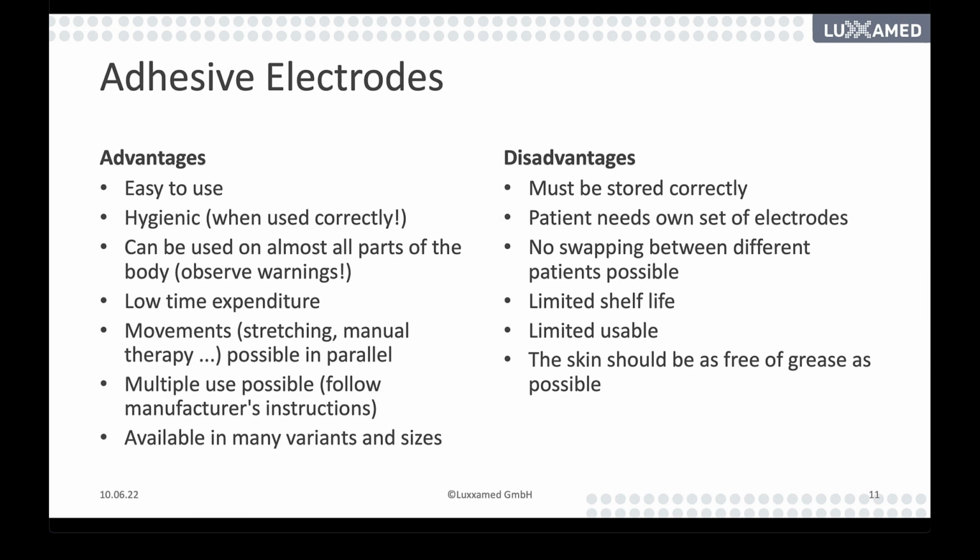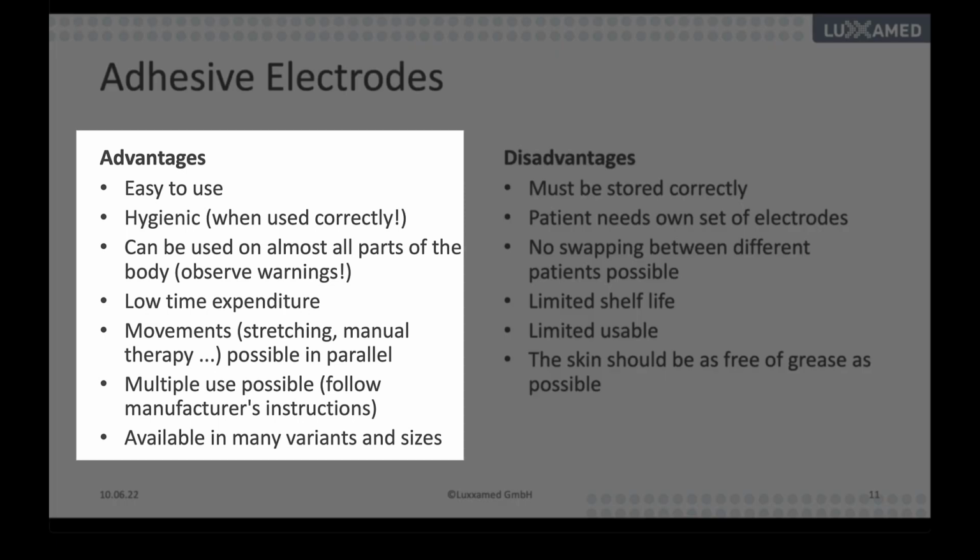Okay, let's go to the advantages and disadvantages of adhesive electrodes. Of course, they are easy to use. They are hygienic when you use them correctly. They can be used almost on all parts of the body, but observe the warnings in the instructions for use. Maybe there are some parts where it is not recommended or not allowed to place the adhesive electrodes.